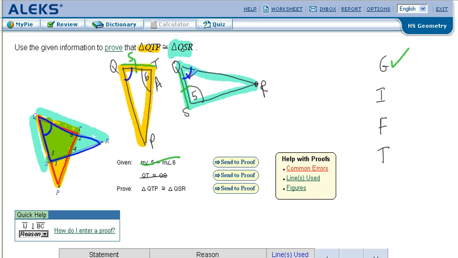That's called a reflexive angle. So here we have a pair of angles. And then we had a pair of sides, and we had another pair of angles. In this case, the side is sandwiched between the two angles, so we have an angle, side, angle situation going on here. And this enables those two triangles to be congruent.